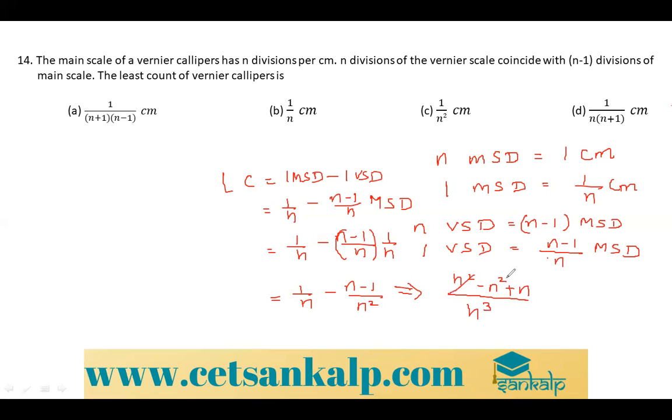So n square and n square get cancelled, and n and n cube reduce, so the final answer will be 1 by n square centimeter. Then the correct answer will be option C. I think you understood. Okay, very good. So we will go with the next problem.